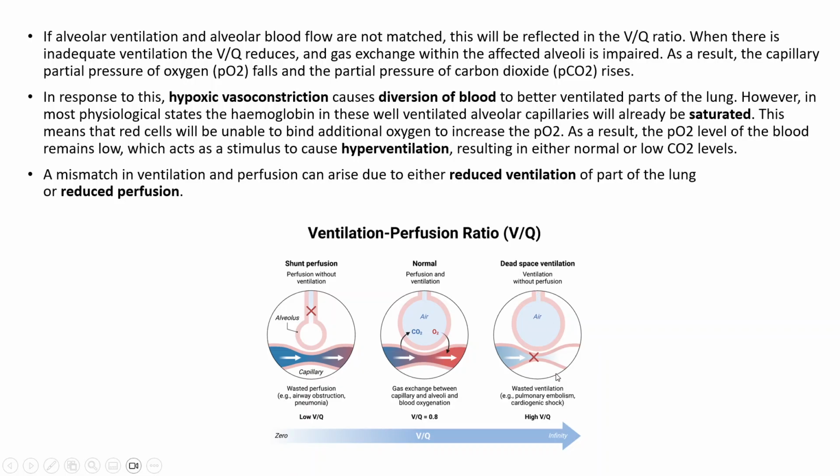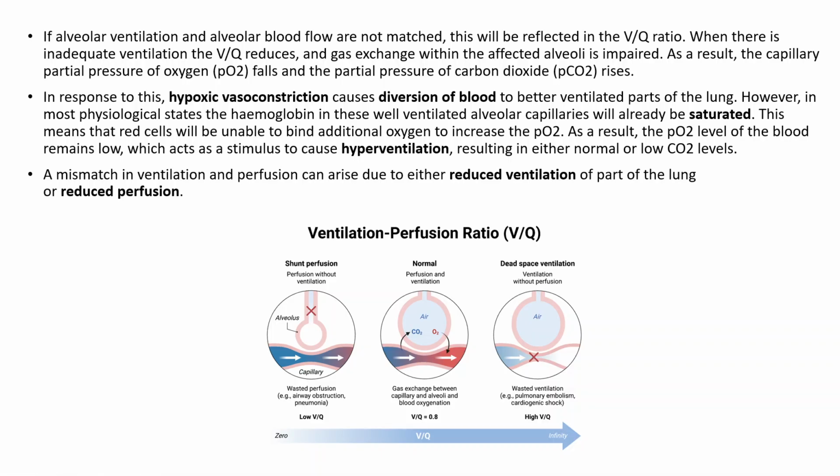And finally, you have the case of high VQ, meaning dead space ventilation. So you have ventilation without perfusion, meaning you have proper air in the alveoli, but for some reason you don't have blood flowing properly in the capillary. It can be due to a pulmonary embolism or cardiogenic shock. Essentially, that just means that there is maybe a clot or some kind of obstruction that's preventing blood from moving into the capillaries near the alveoli.